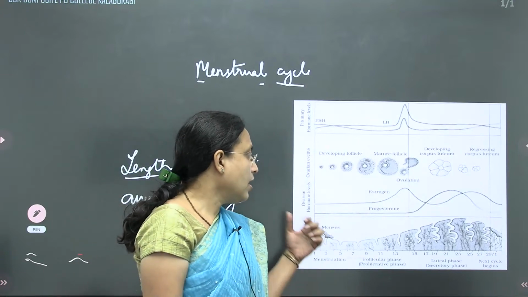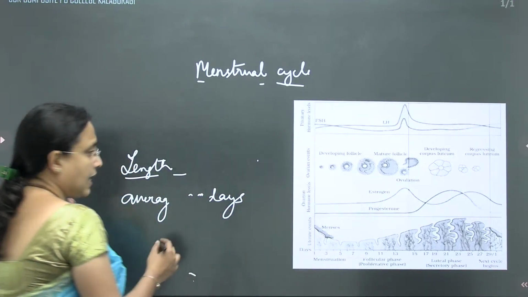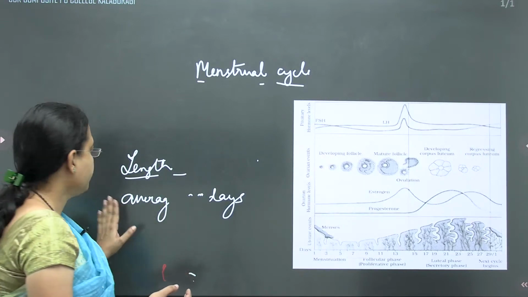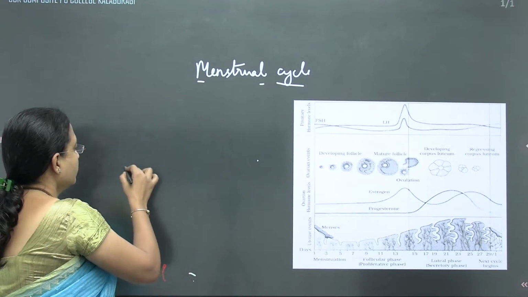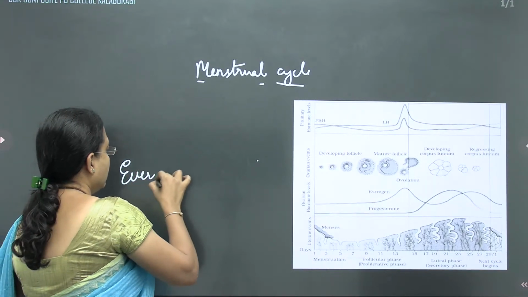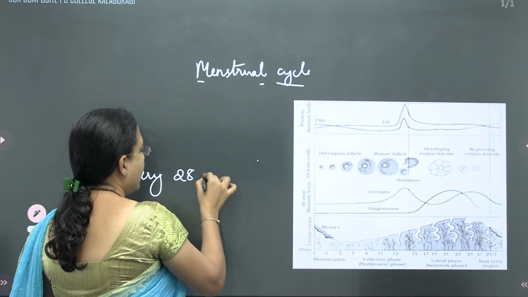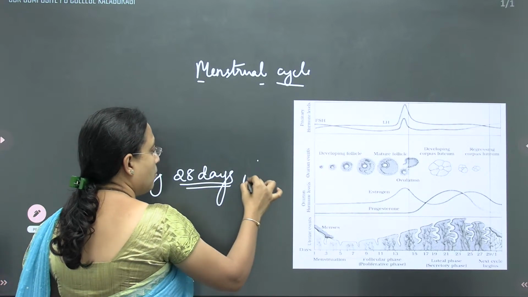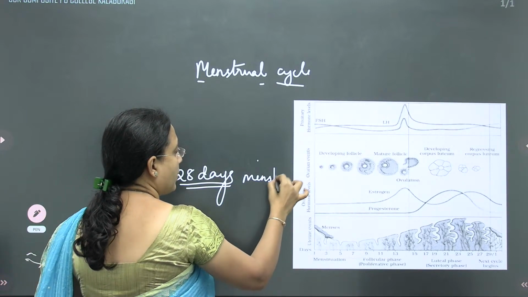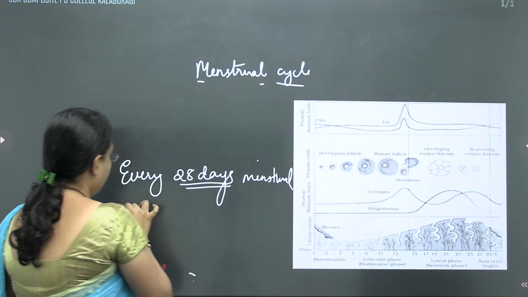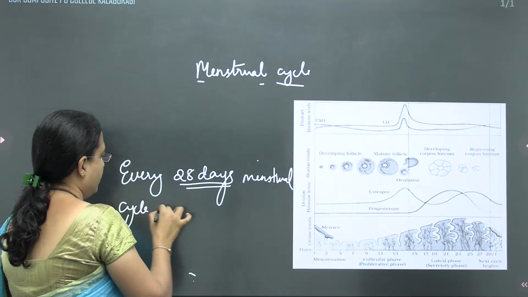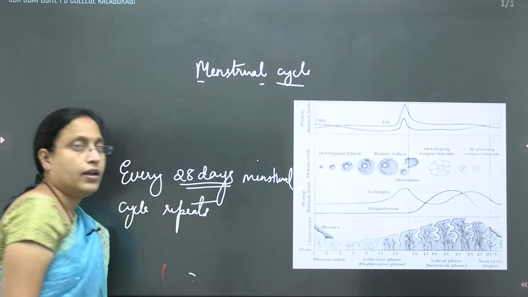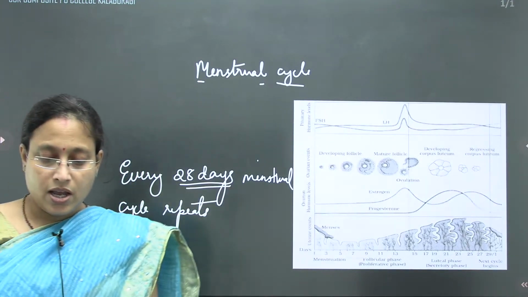So every 28 days, the menstrual cycle is going to get repeated, on an average.